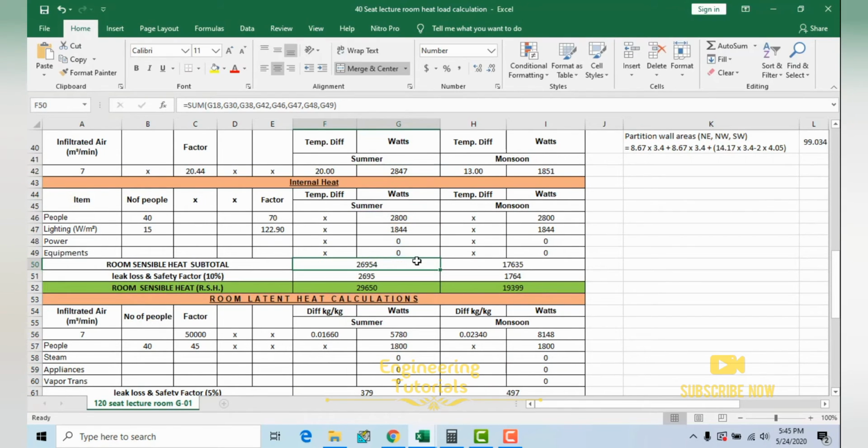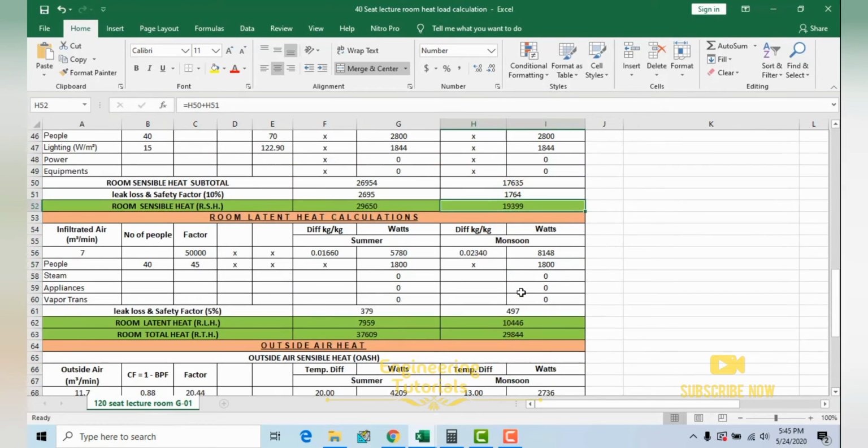All of these sum together here. So room sensible heat load is this much for summer and this much for monsoon. And then we are going to use a 10% safety factor for both. So total room sensible heat load is 29,650 watts for summer. For monsoon it is 19,399 watts.